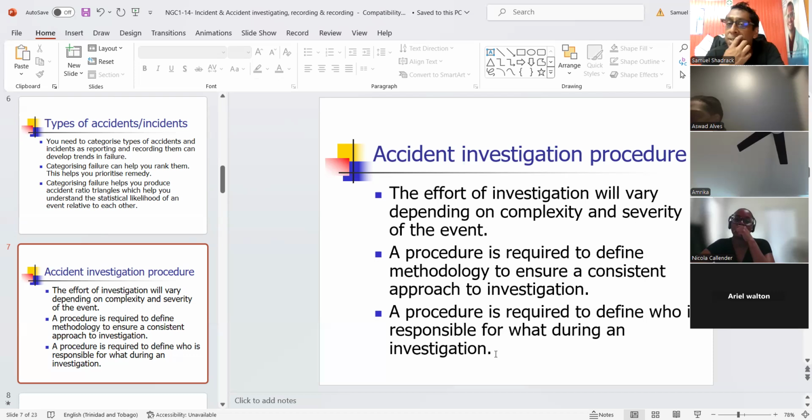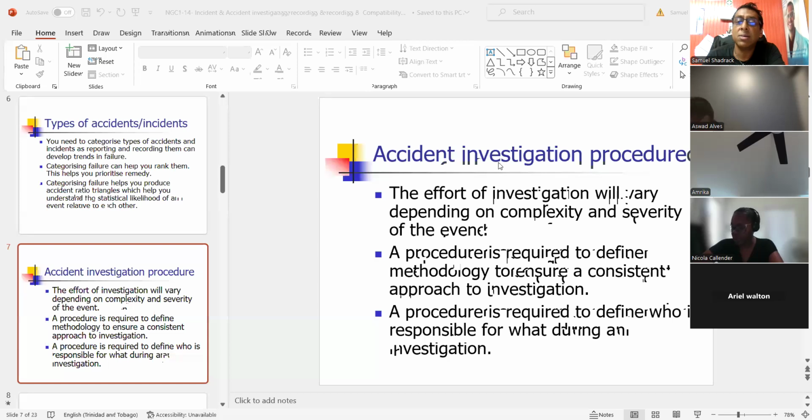So just to explain, what they're saying is the size of the investigation depends on what has happened. For example, if it is a first aid, well, you alone could do that.